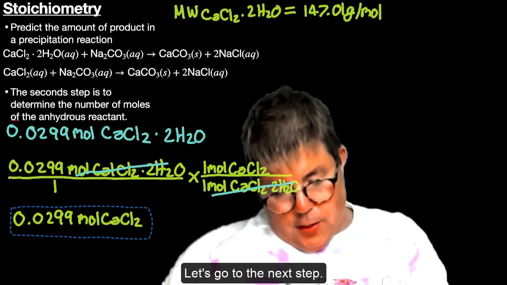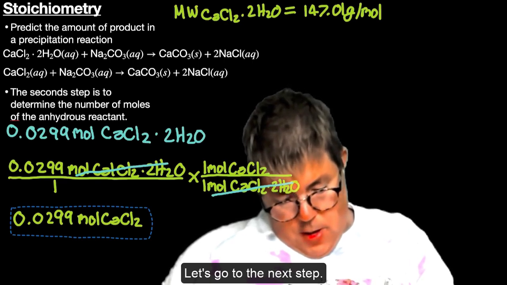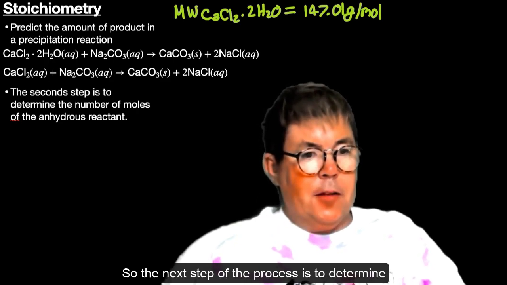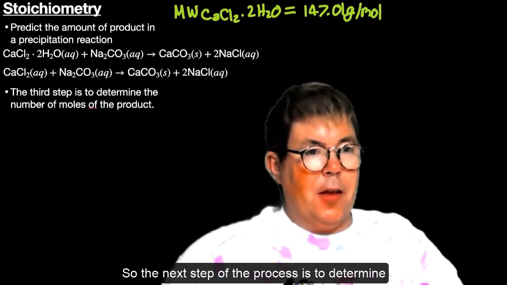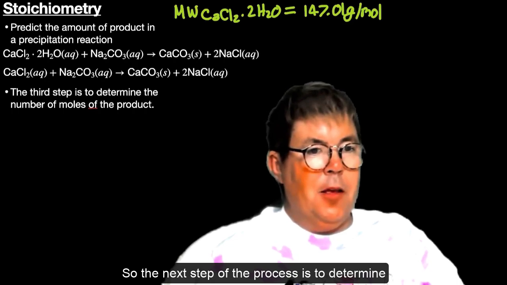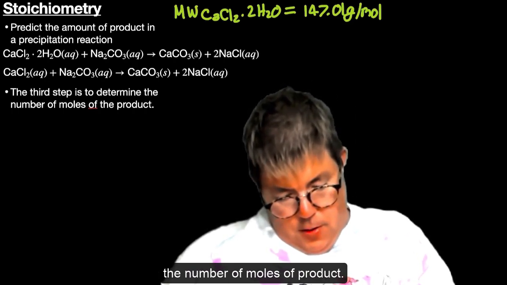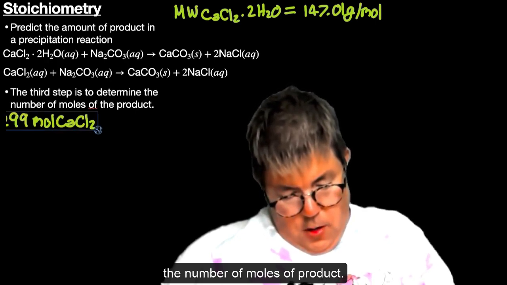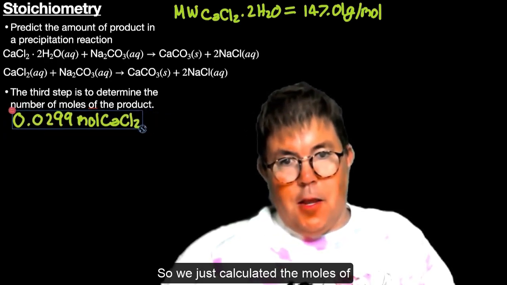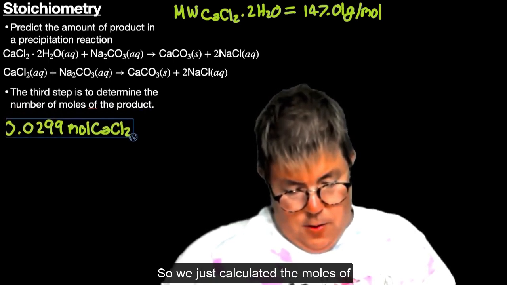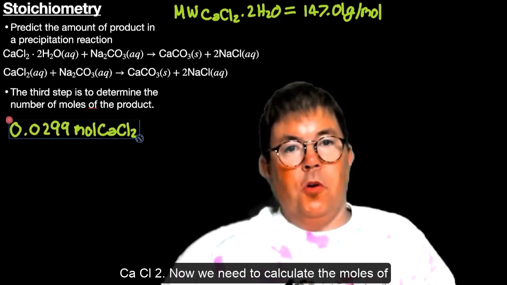Let's go to the next step. So the next step of the process is to determine the number of moles of product. So we just calculated the moles of CaCl2.